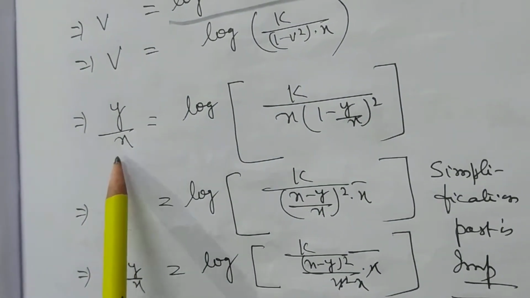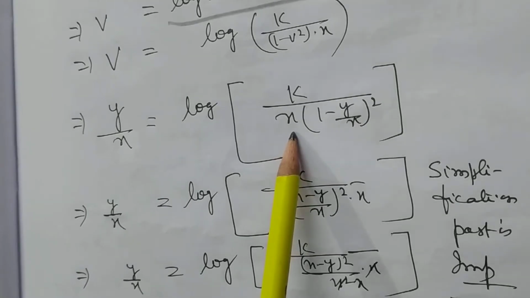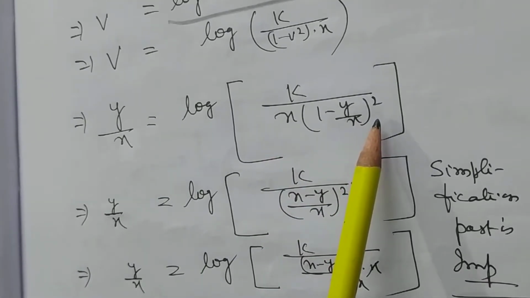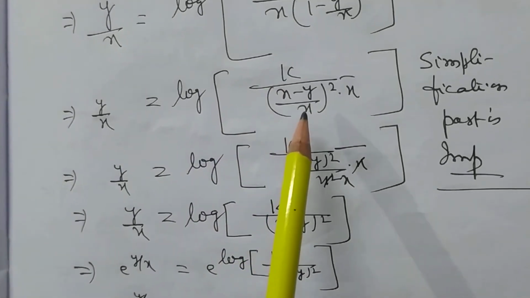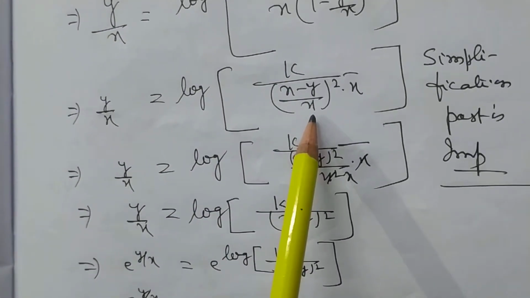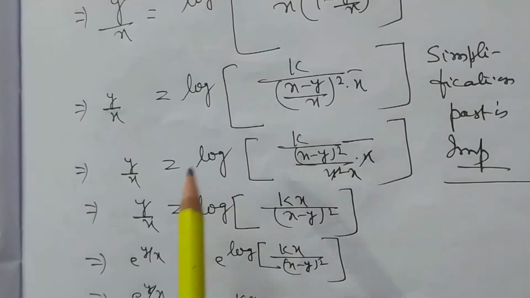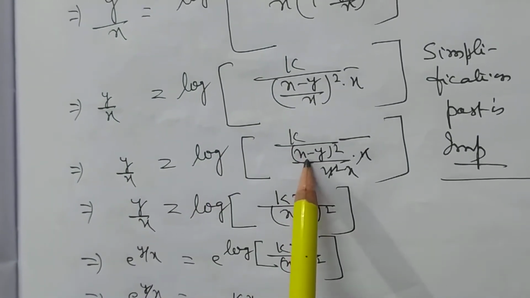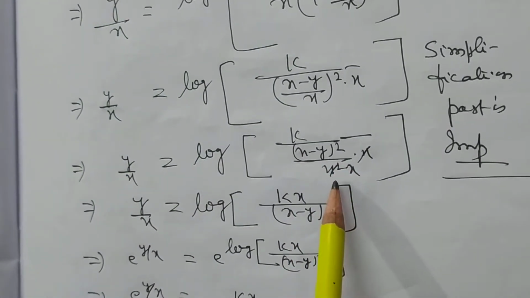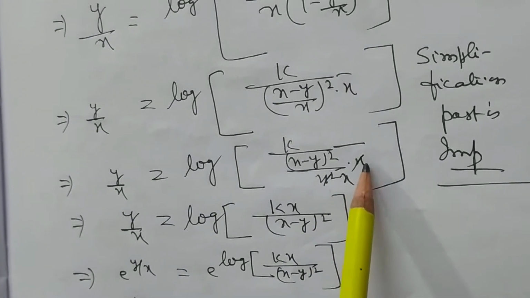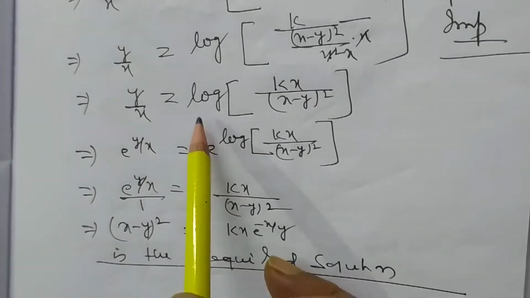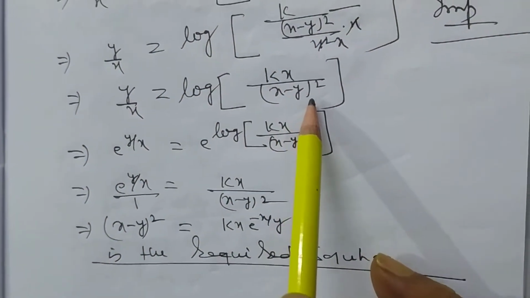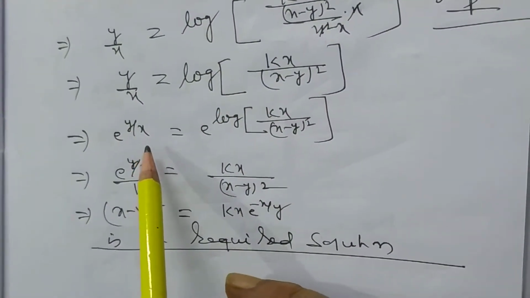So v is equal to y by x, log of k by x into (1 minus y by x) whole square. So y by x is log of k by (x minus y) whole square into x. So finally y by x is equal to log of kx by (x minus y) whole square.